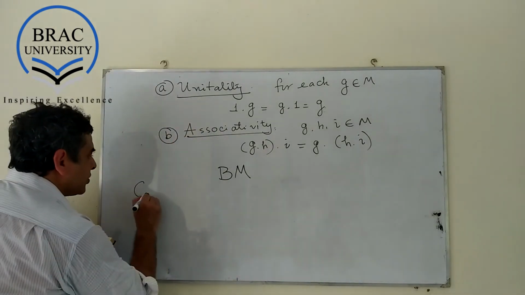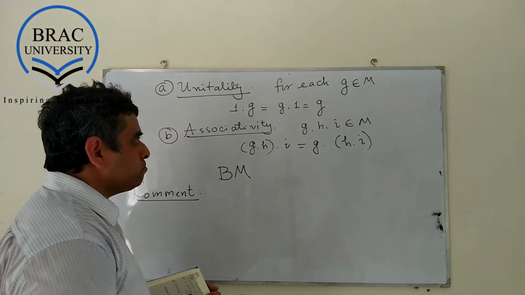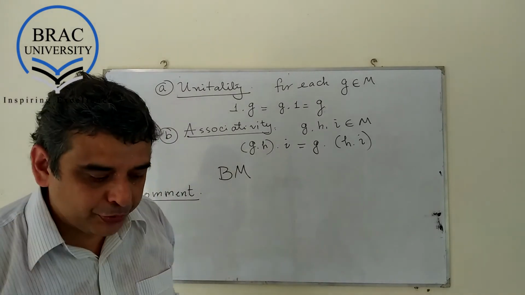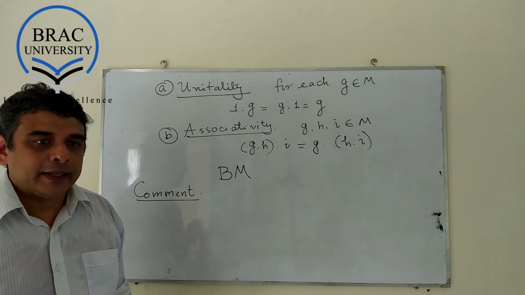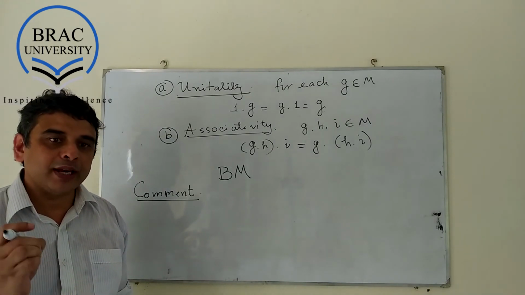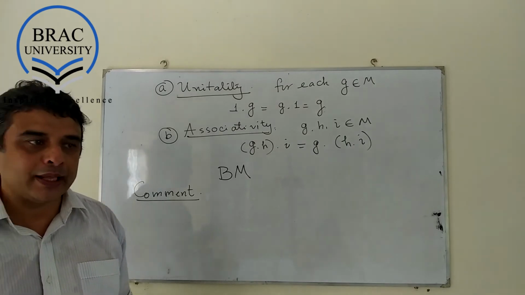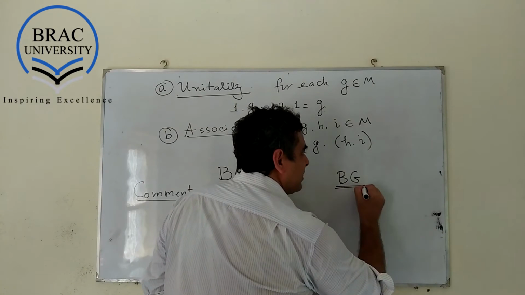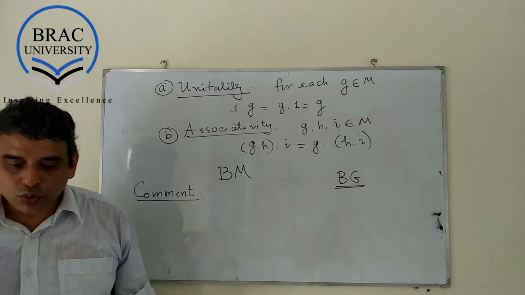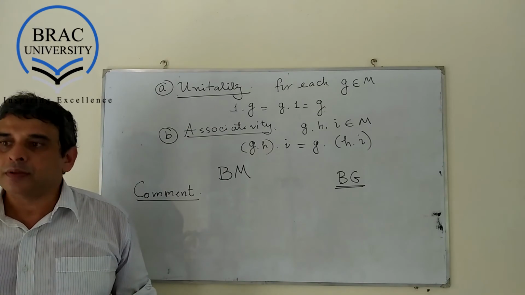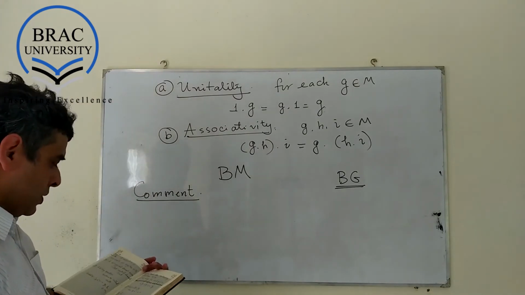Okay, there is a small comment here. For the delooping of the group, observe that each morphism is invertible, meaning that each morphism was originally represented by a group element which is invertible by the definition of the group. So each morphism in the category BG was by definition invertible. But in general, when you have a category, you don't require the morphisms to be invertible. So, here is the comment.